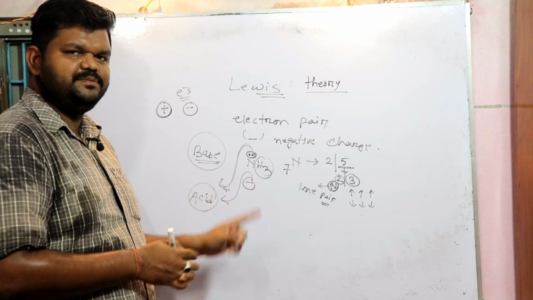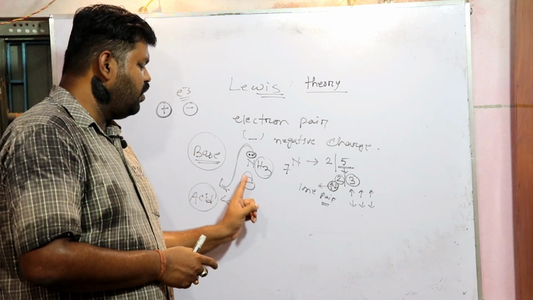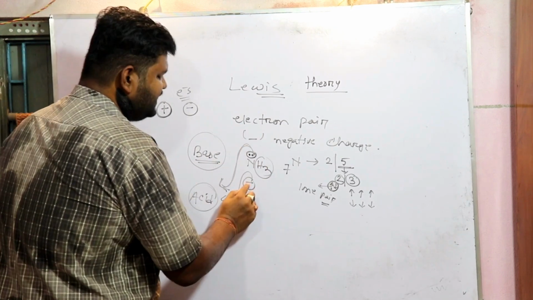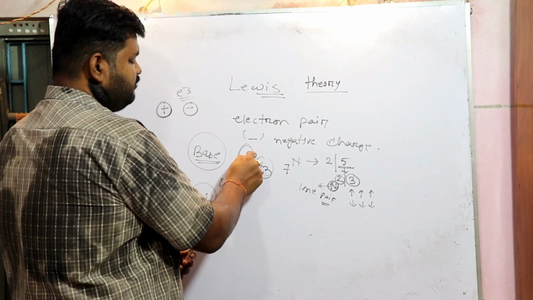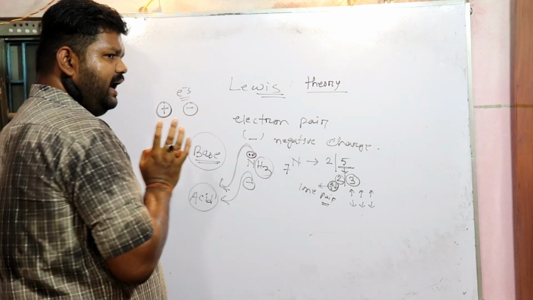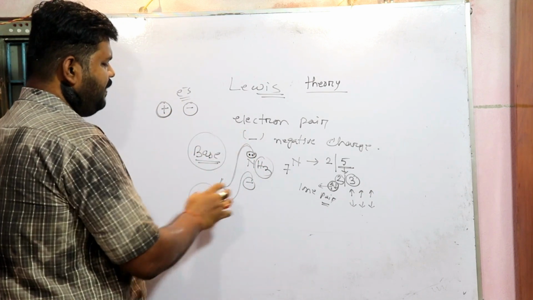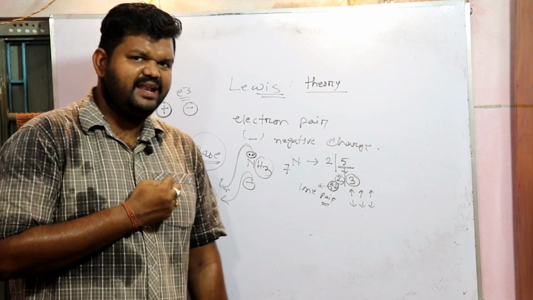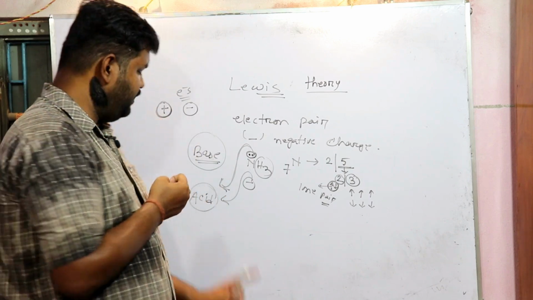We know negative charge also means it contains electrons. That means the compounds which can give minus charge or lone pair or electrons to other compounds will be known as base, and the compounds which have the tendency to accept electrons from other sources will be known as acid.